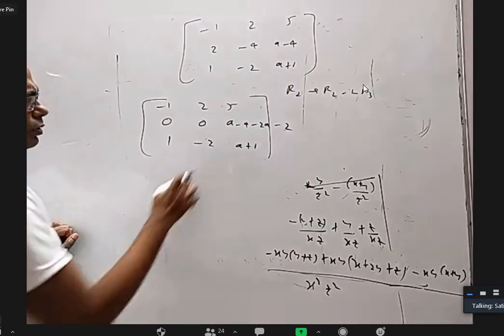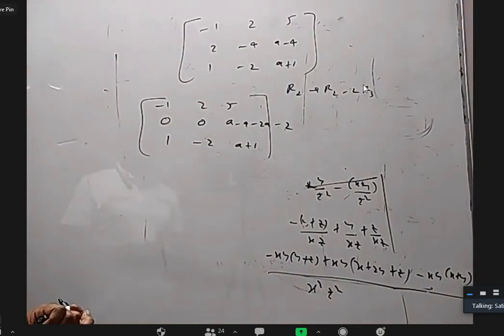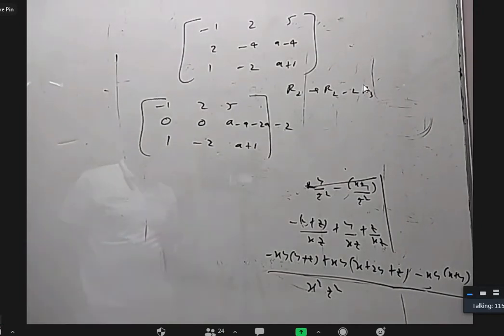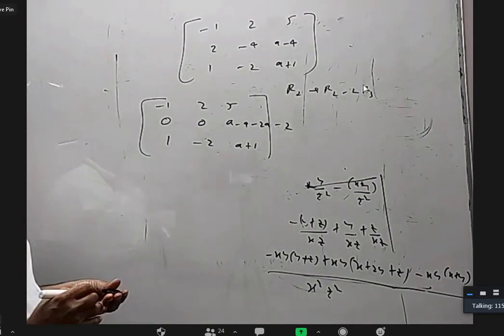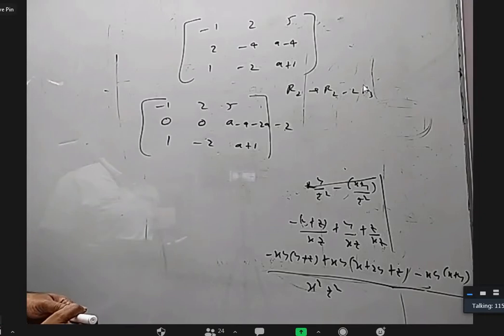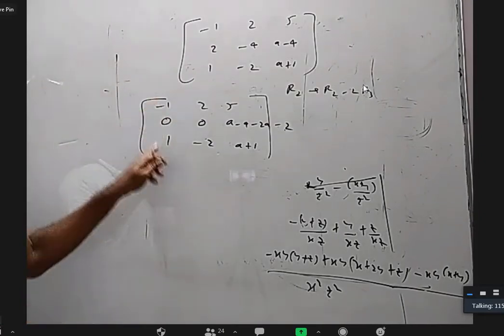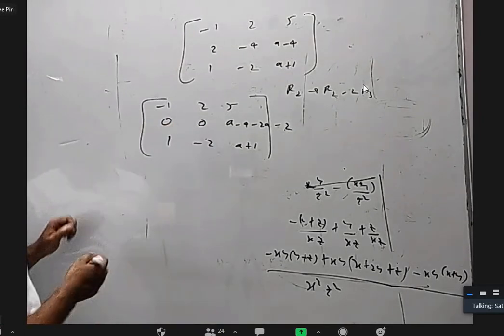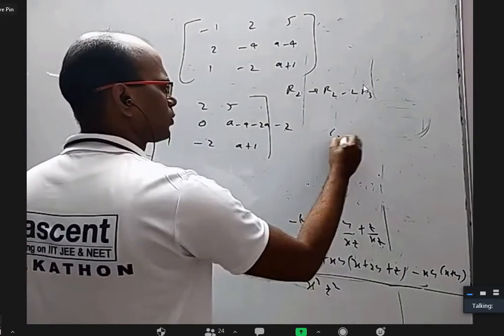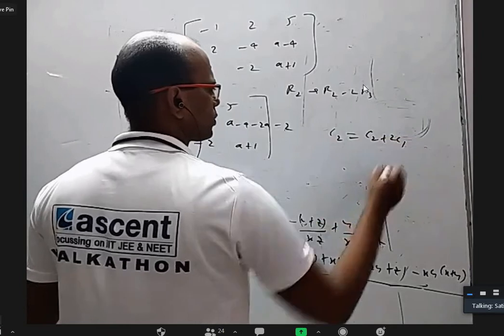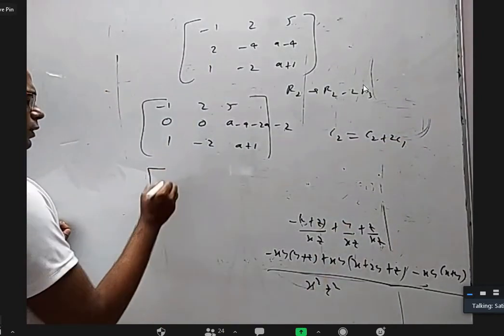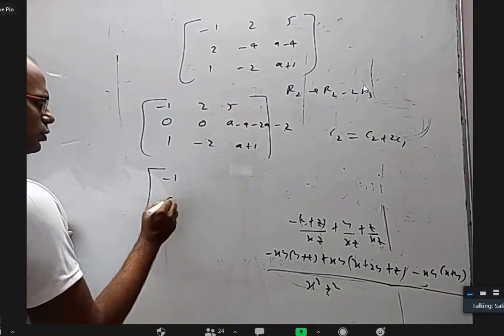This is 2. Our determinant is becoming always 0. Sir, we can write C2 as C2 plus 2 times C1. Yes, sir. Column 2 as column 2 plus 2 column 1, that also will become 0. Solve it. You will get minus 1, 0, minus 1.